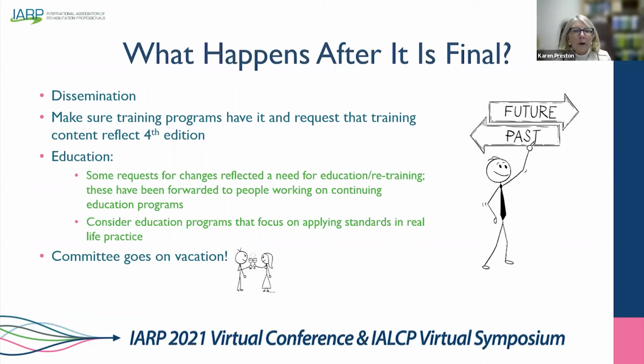We also have other kinds of education that needs to be done as we've encountered information from the survey last year that reflected a lack of understanding or points that might be controversial about life care planning and our standards and our methodologies.